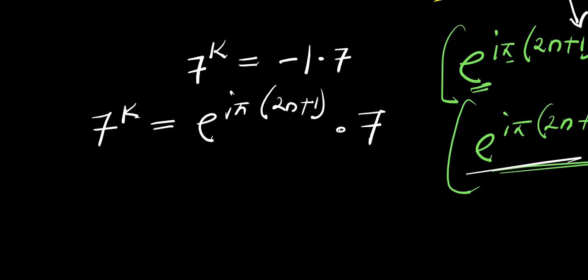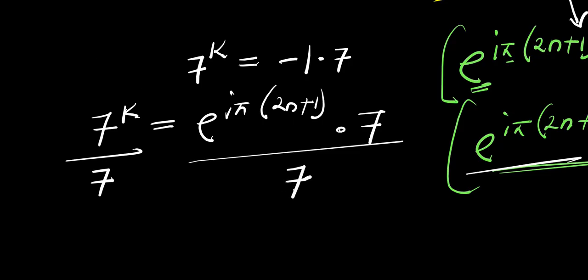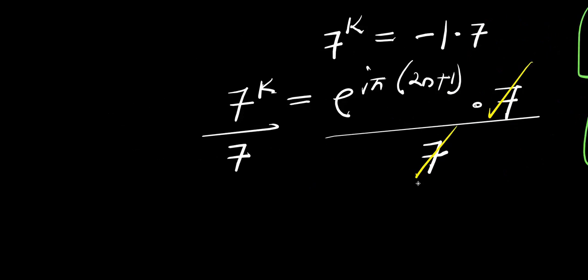At this particular point, the next step will be for us to divide both sides of this equation by 7. We divide this by 7, and this eliminates this.